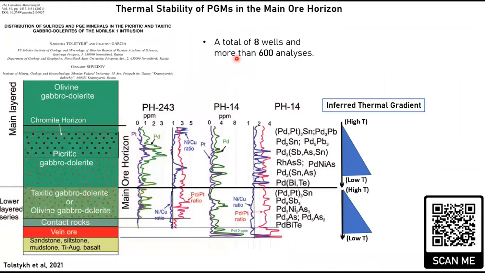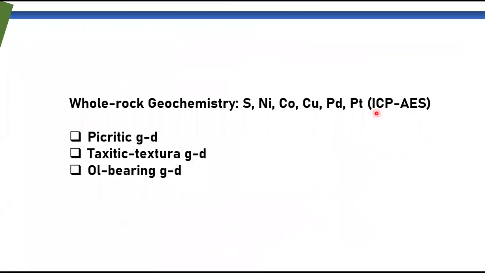We published an investigation where we studied more boreholes and did more analysis, and we were able to infer two different thermal gradients for the picritic gabbro-dolerites in the upper part and for the lower taxitic and olivine gabbro-dolerites. If anybody is interested in this paper, I'll be more than glad to share it with you.